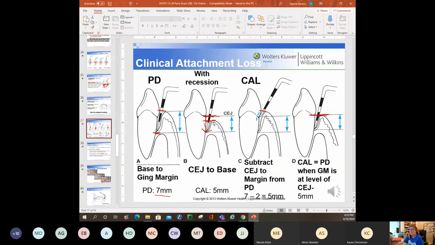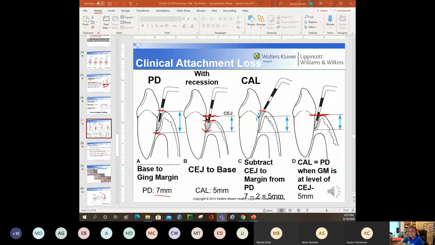This is recession. This is where we have to measure the pocket, and then we also measure recession at a later point. This gum is real high up here where it's supposed to be. This gum is down, okay? It is also at the same depth as that, but this pocket is only a 5 millimeter.